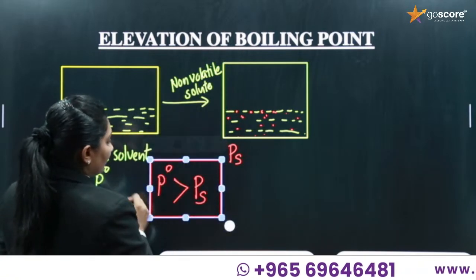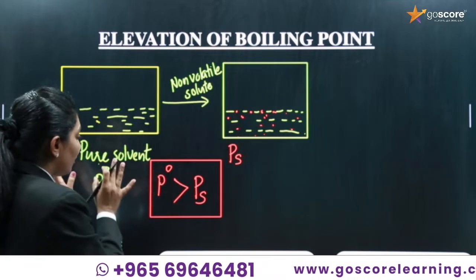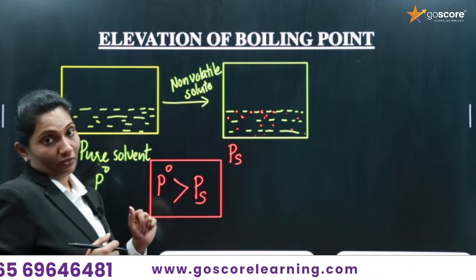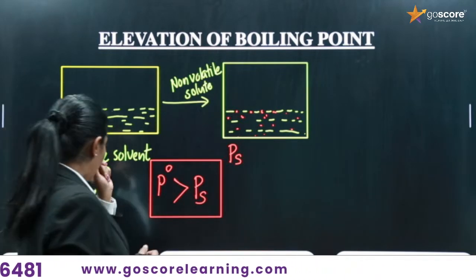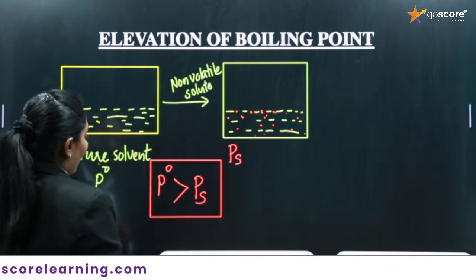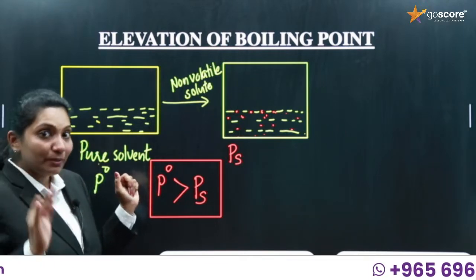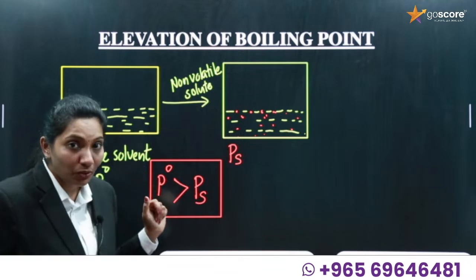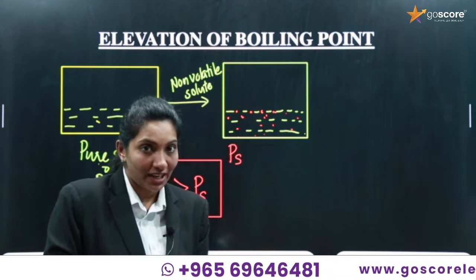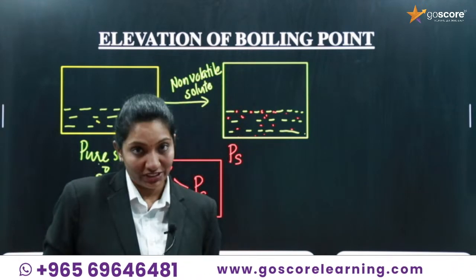I have discussed this n number of times, right? The vapor pressure of the pure solvent is always greater than that of the solution. Here, as the vapor pressure increases, what happens to the boiling point? Vapor pressure and boiling point are inversely proportional, right? As the vapor pressure increases, the boiling point decreases.